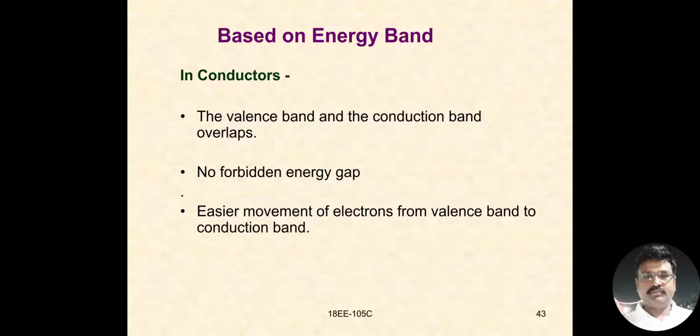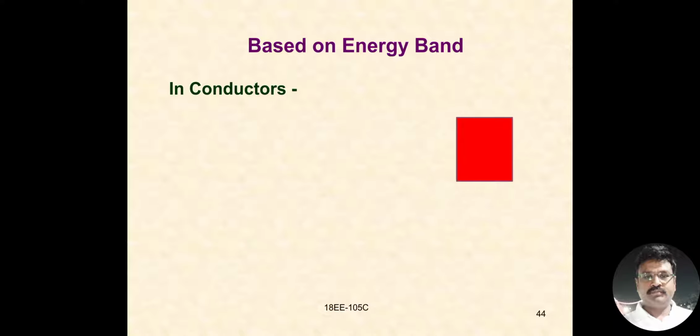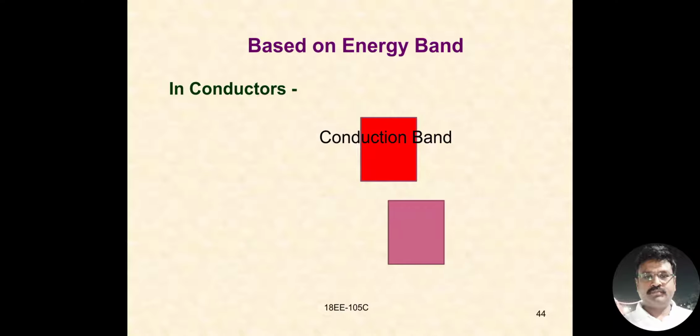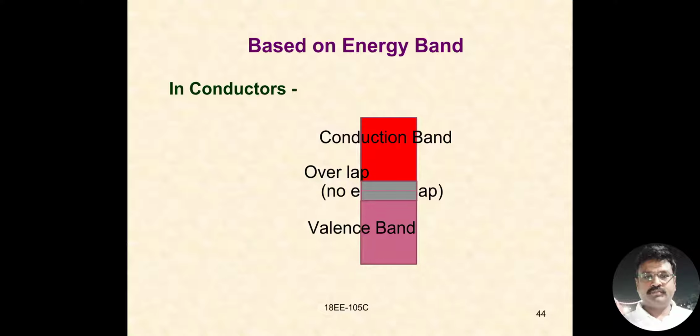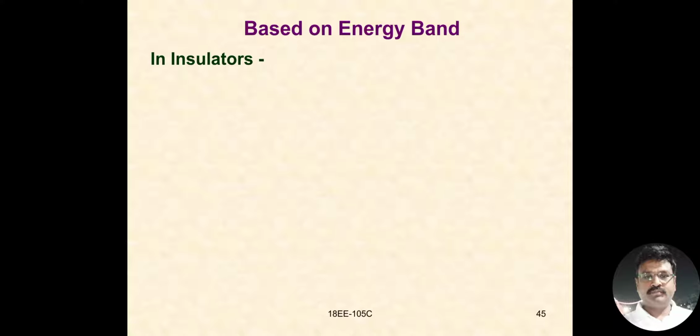Easier movement of electrons from valency band to conduction band. In conductors, you can see the conduction band and valence band: no gap, no energy gap, no forbidden gap.